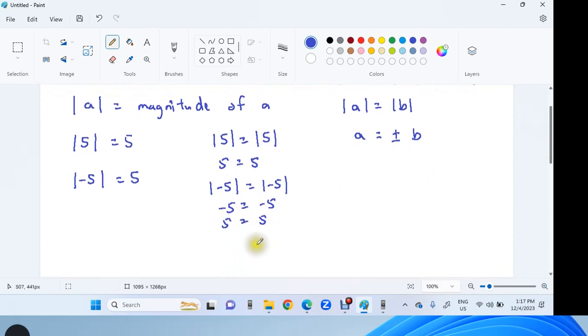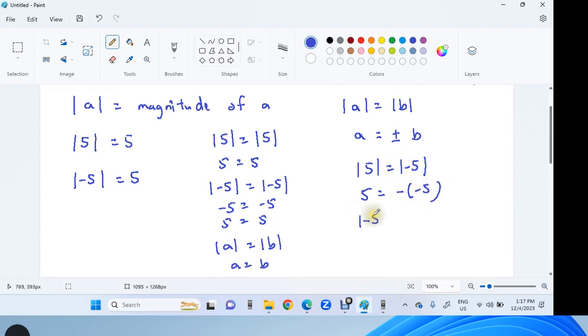For the case modulus of A equal to modulus of B, then A equal to B, like 5 equal to 5. If I have modulus 5 equal to modulus -5, then the 5 is actually the negative of -5, the negative of the part behind.